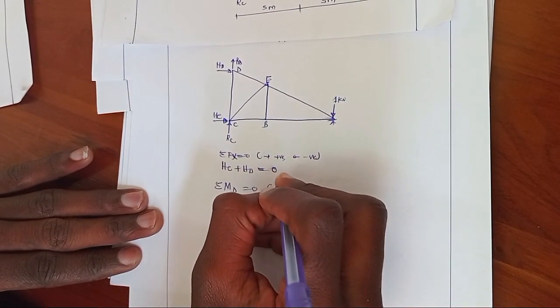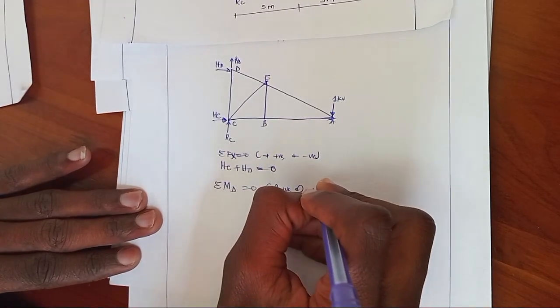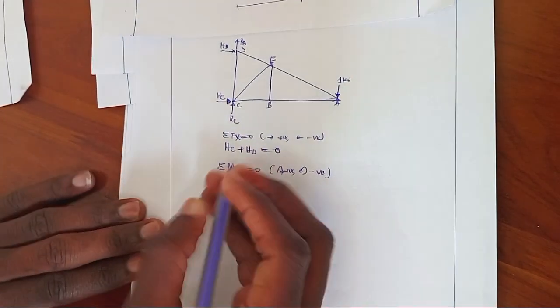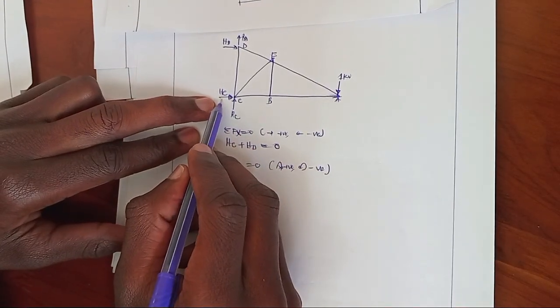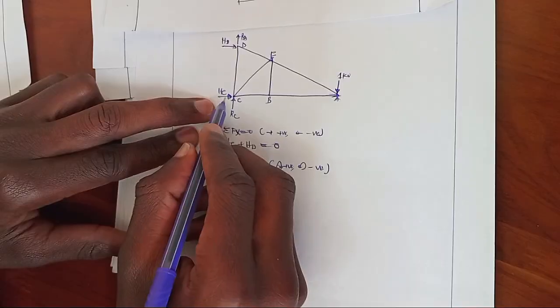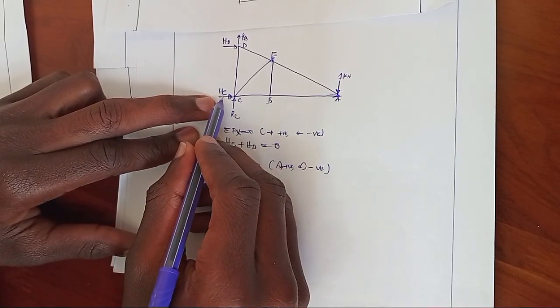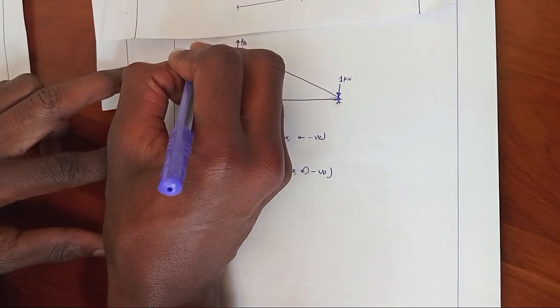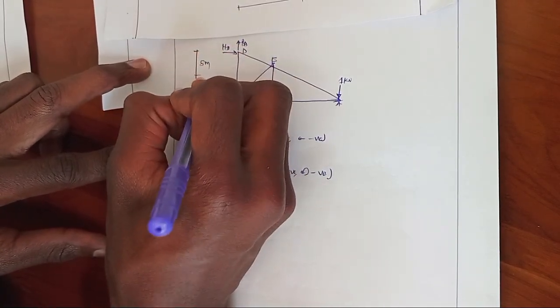Clockwise direction positive and anti-clockwise direction negative. To obtain the moment around this point, HC has a perpendicular distance of 5 meter, 5 meter.